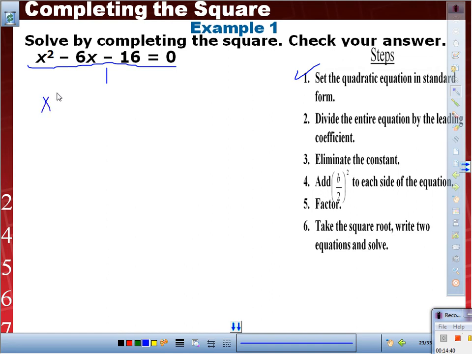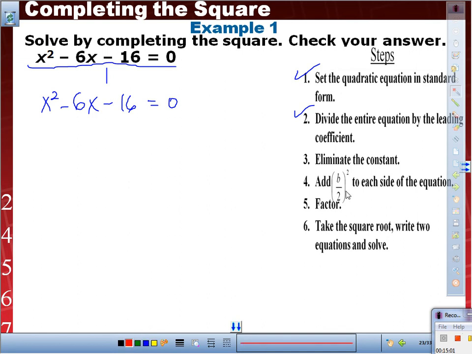And I end up with x squared minus 6x minus 16 equal to 0. Some of you might be thinking, Mr. Q, if I end up with the same thing, why do I need to do the step? Because I want you to build muscle memory. I want you to be thinking that step. Because what if there was a 2 here? What would you do? Divide by 2. You understand?